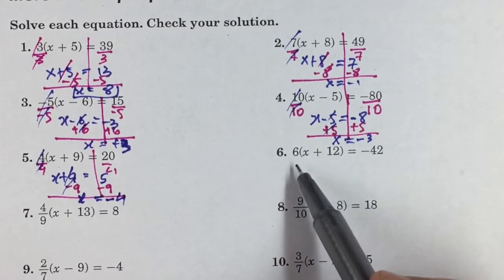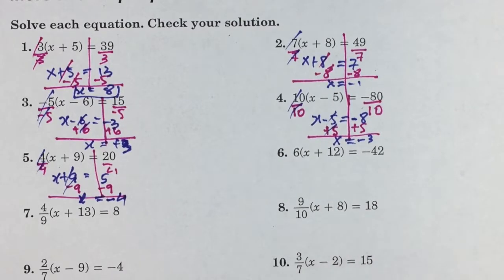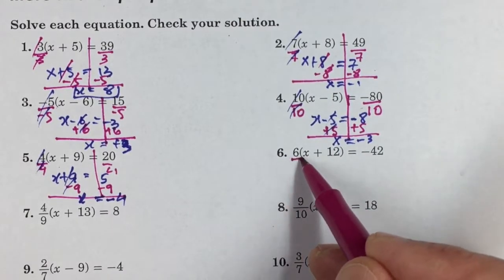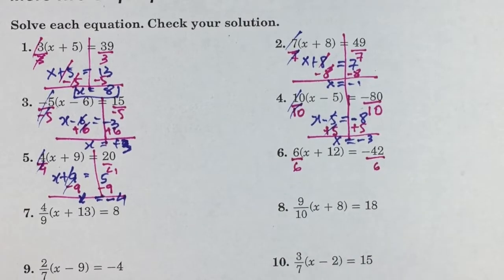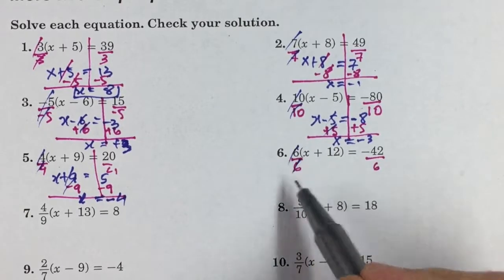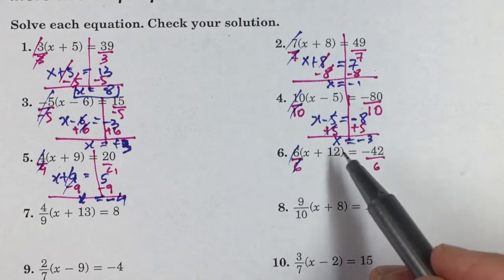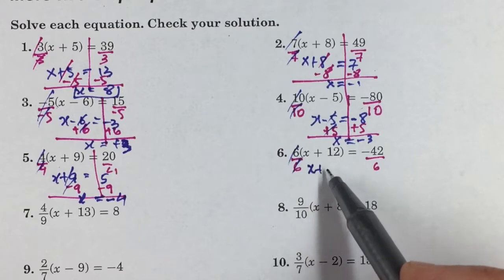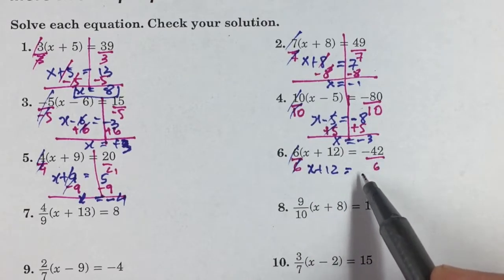In number 6, I have 6 multiplying the parentheses equals negative 42. What I'm going to do here is divide by 6, divide by 6, and this goes away, and I have leftover x plus 12 equals 42 divided by 6 is 7.